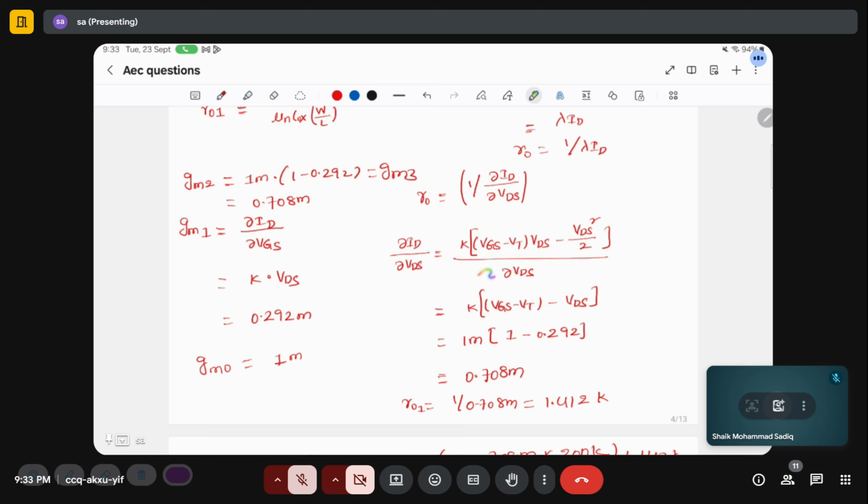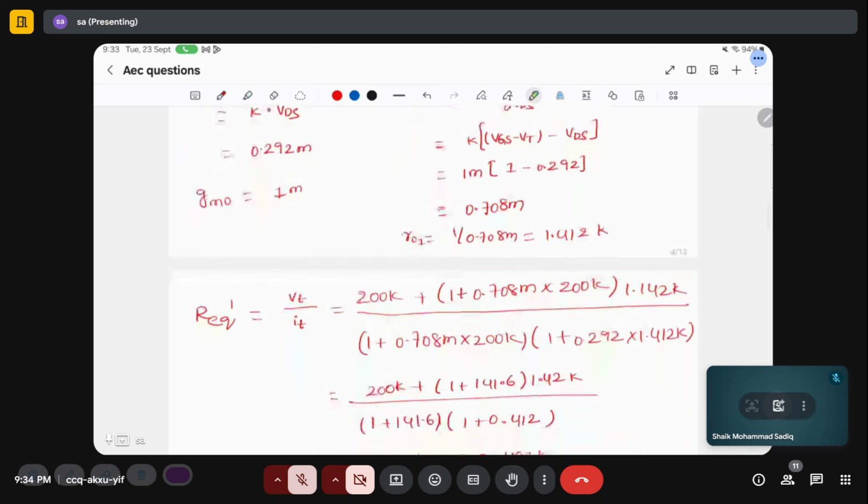If you differentiate the same thing with respect to VGS, the VDS square term goes to 0, and the VT into VDS term also goes to 0. Then K VGS into VDS will remain. VGS differentiation is 1 with respect to VGS, and you will get K into VDS, and you will get GM as 0.292 milli.